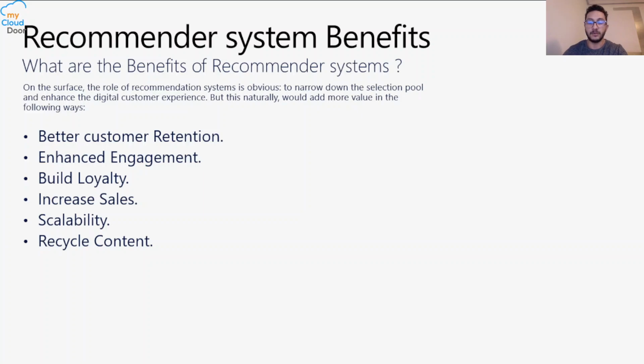But by observing the behavior of users, we can detect the interest in these types of items or categories, and we can recommend them. This is basically recycling content. So the content that no one is consuming, by using the recommendation systems, we can recommend it to the user, and that way it can be consumed. So I hope this makes sense.